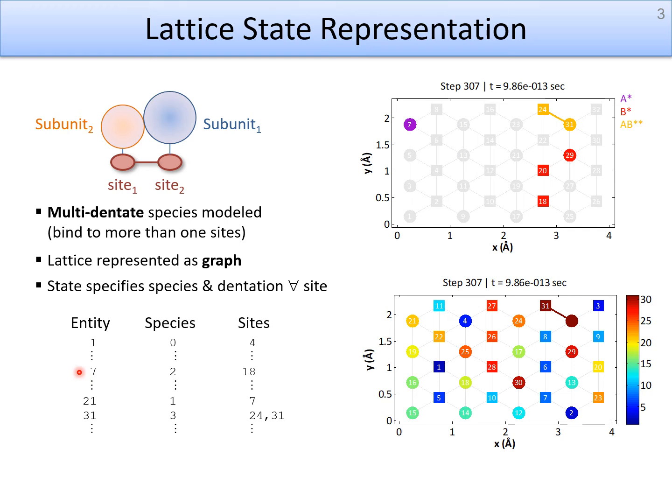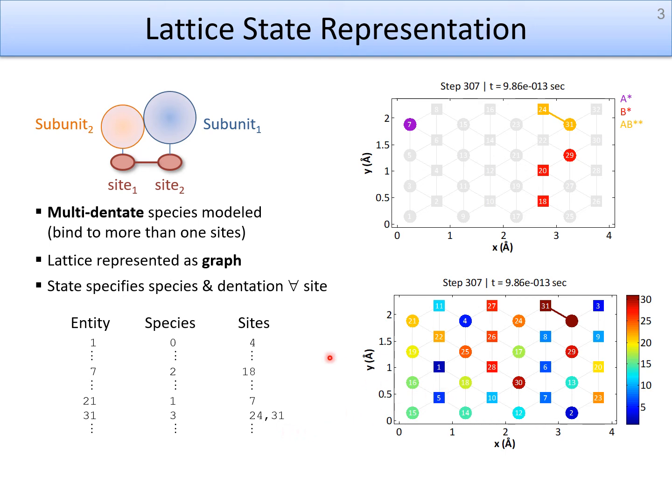I would go to the 7th entry. So this is for the 7th entity. And I would say, okay, this is species number 2, and it's sitting on site 18. What about, let's say, entity 31, which is the bidentate? Entity 31 is species number 3, right? This A, B, star, star, and it occupies sites 24 and 31.